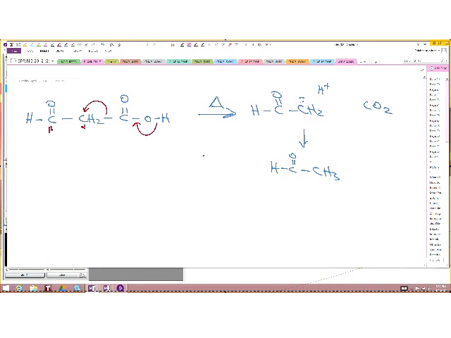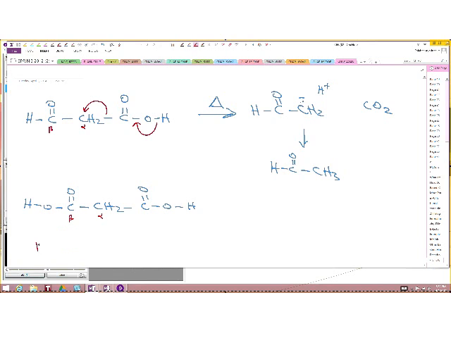Now, supposing we have beta dicarboxylic acid. Okay, beta dicarboxylic acid. So in relation to this here, we say this is the alpha carbon, and in relation to this carboxyl group, this is the beta carbon.